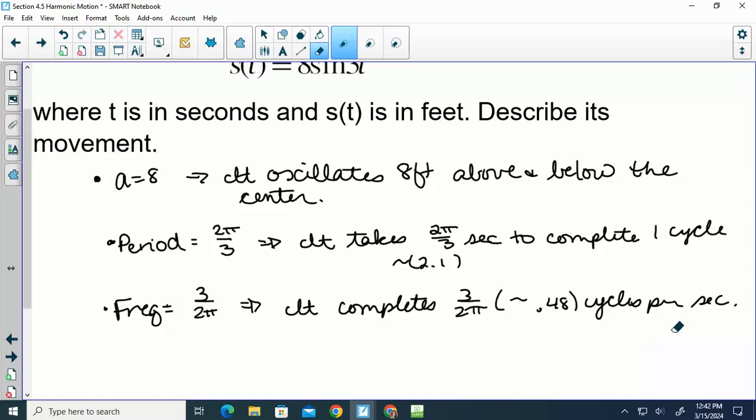So it has a little less than half a cycle every second. Any questions on that one?